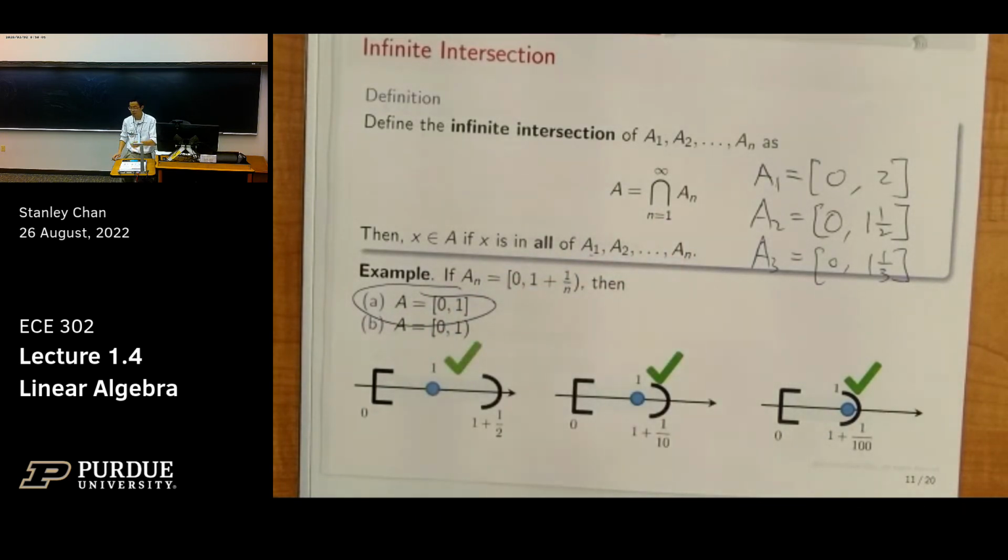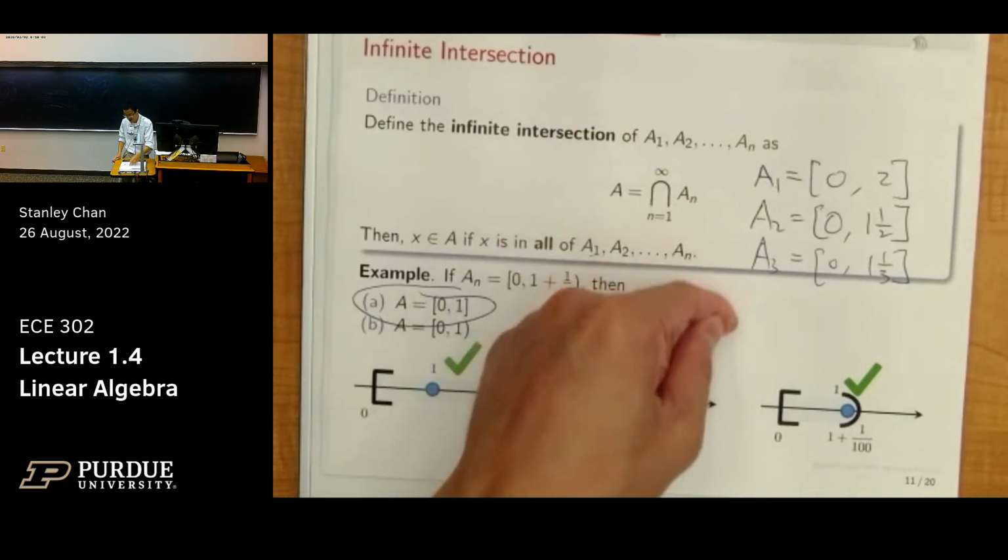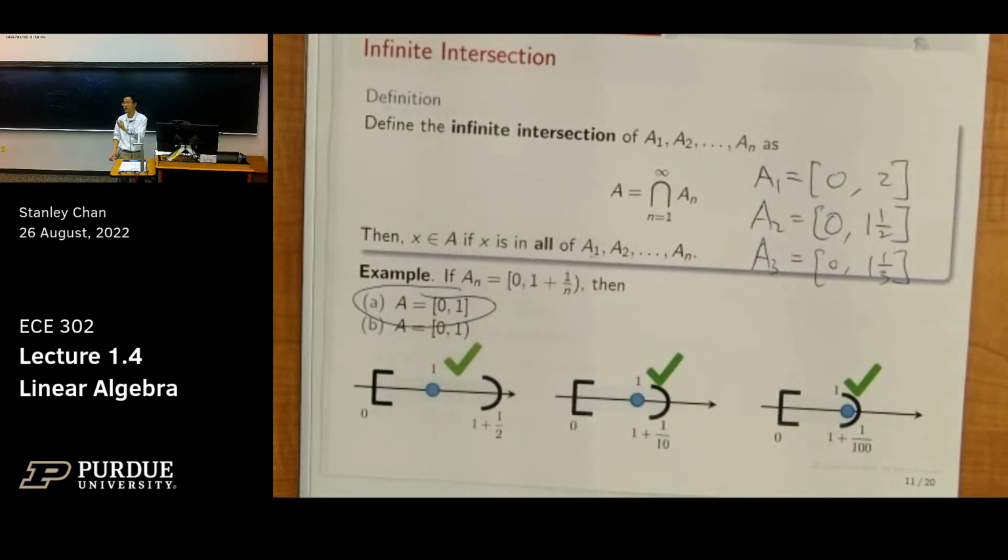I check 0.97. Yes, yes, yes, yes. Everyone is yes. So I say 0.97 is inside the infinite intersection. So basically, you just need to check through everyone. For numbers between 0 and 1, excluding 1, we're all good. We're sure that they're inside. It's just that the number 1, we're not sure.